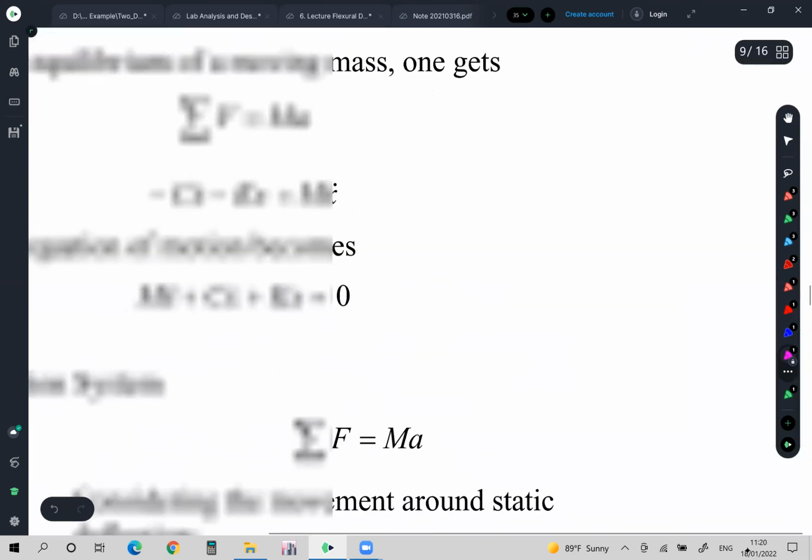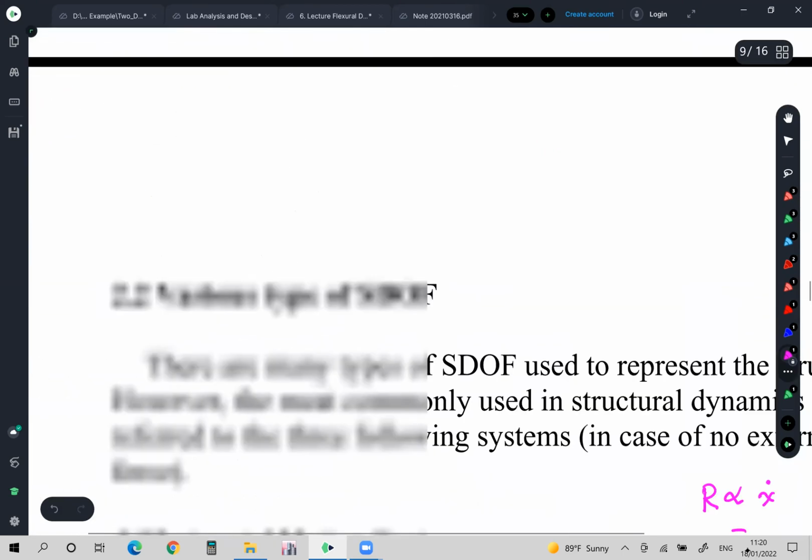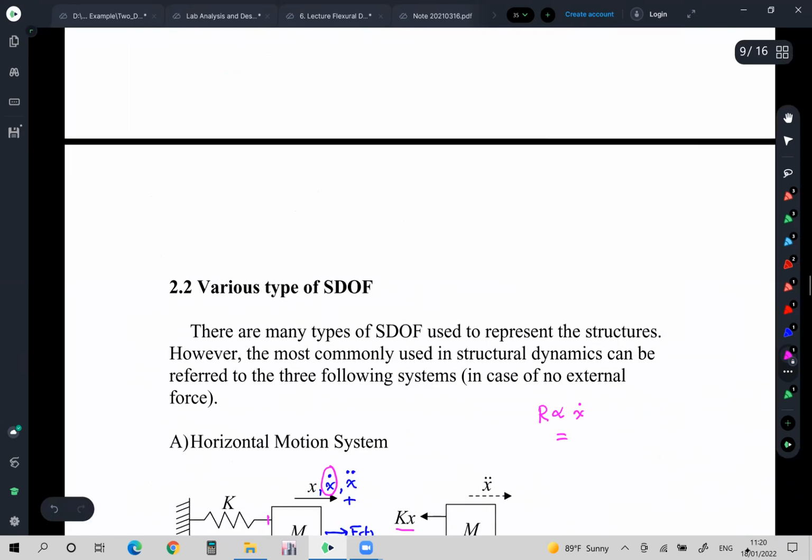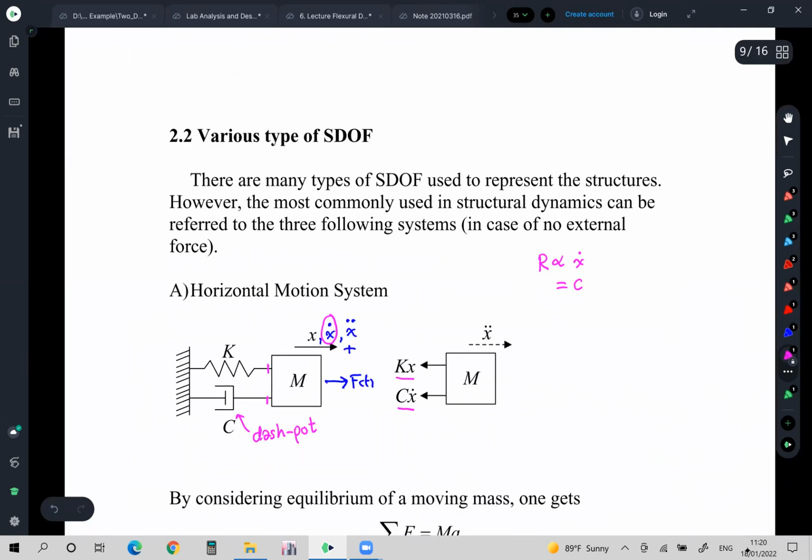And it equals a constant, let me say C, multiplied by the x dot. This is the amount of resistant force on my finger.